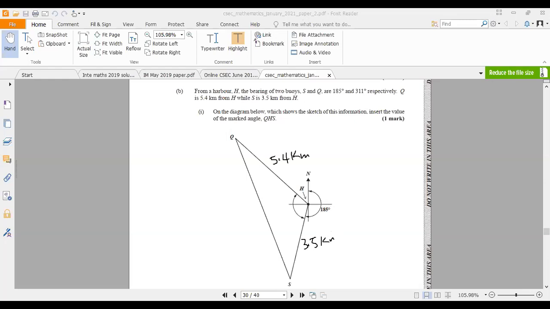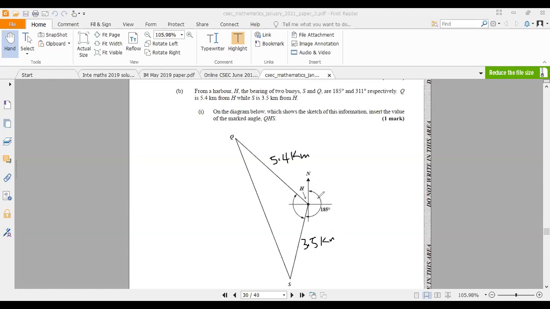311. So for the 311 one, guys, let's read the sentence. From the harbor H, the bearing of the two buoys S and Q are 185 and 311 respectively. That is from H, all of them coming from H, right?